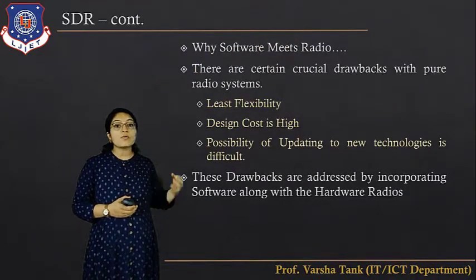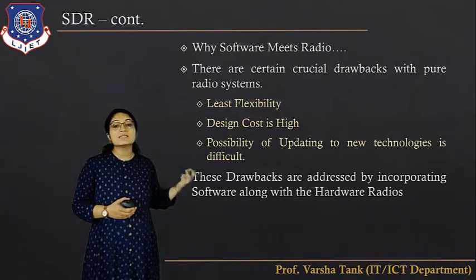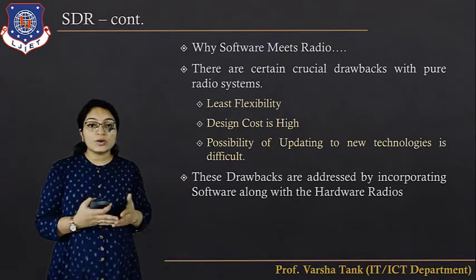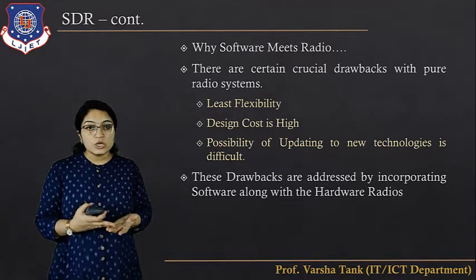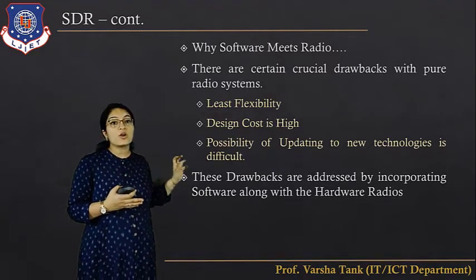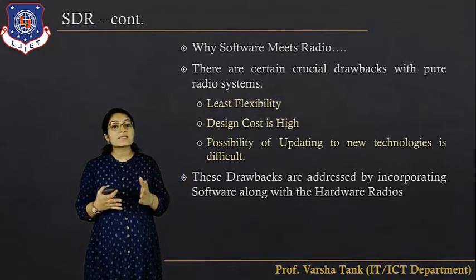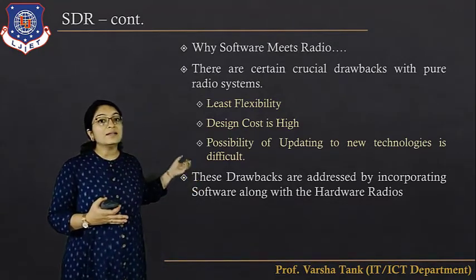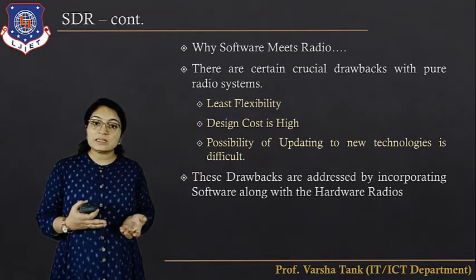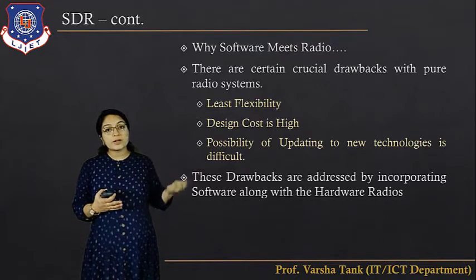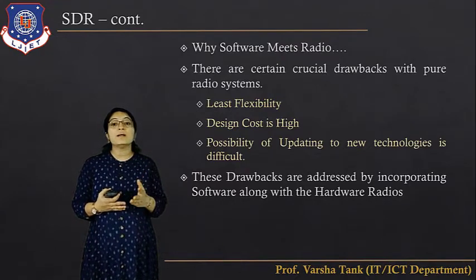So why does software meet radio? Why is it necessary? Why do we have to combine the software and the radio? What is the need of it? There are certain crucial drawbacks of the pure radio system: least flexibility, and the design cost is very high in the simple radio. Then the possibility of updating to new technology is very difficult in the simple radio.